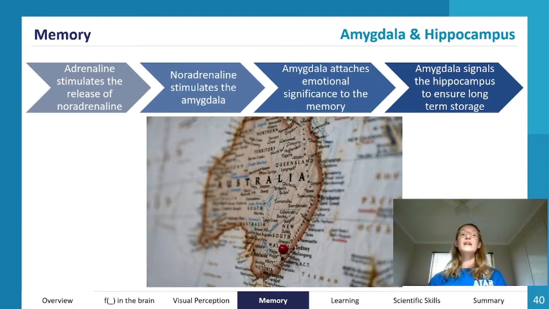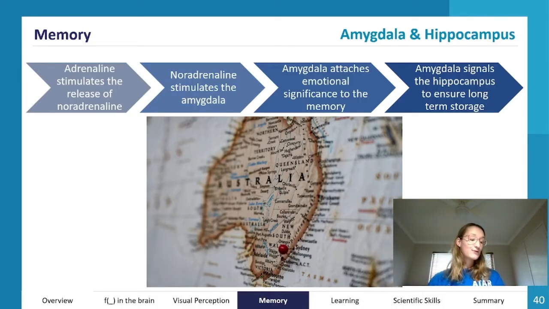So when we're learning new things, for example, again I come back to my geography example, when we're learning explicit facts about a country, because our hippocampus has that ability to reproduce and create new cells, that's how we're able to learn explicit facts and memory.